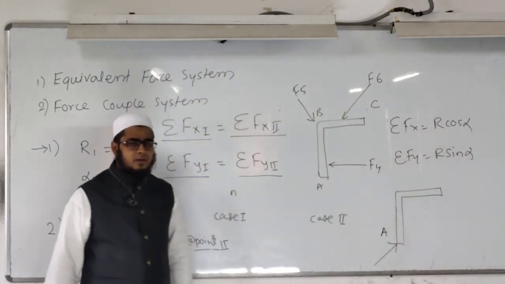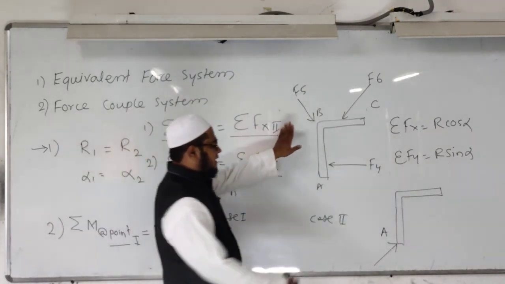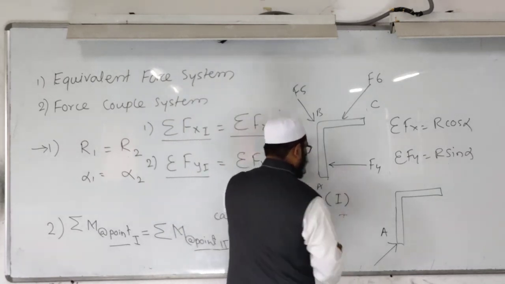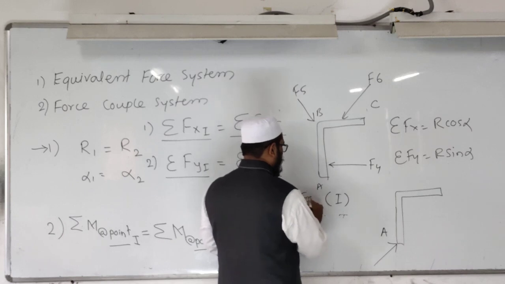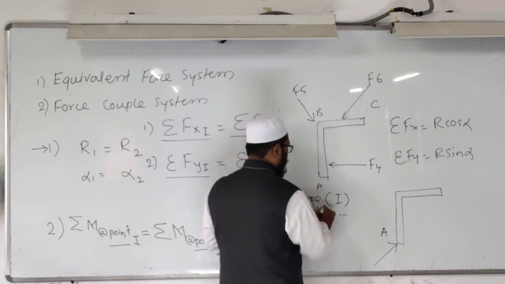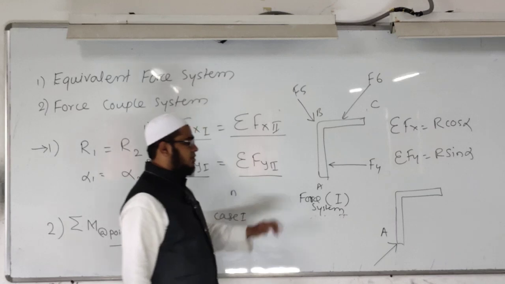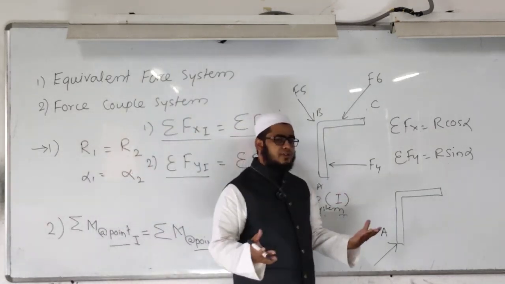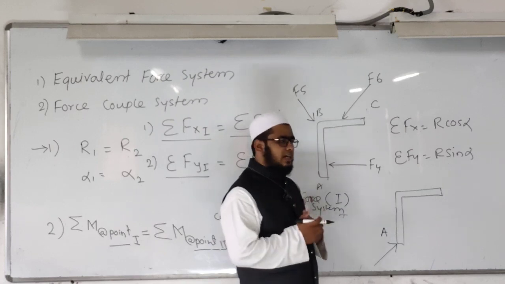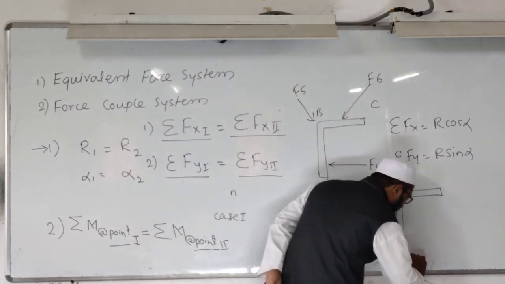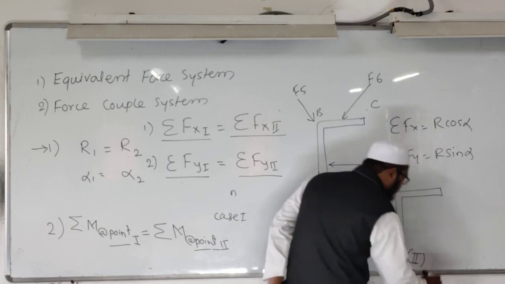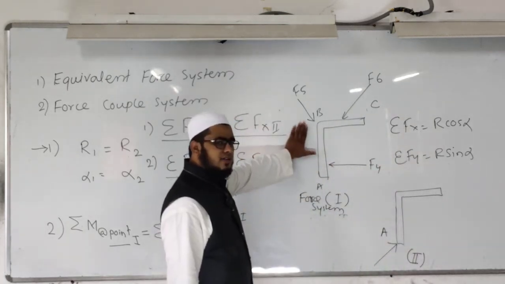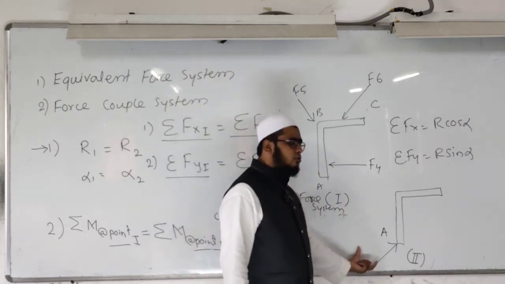Then the first step is we mark the given force system as first. It is the first force system. We draw the desired force system which is required to be found, and we mark it as the second force system. Now we have two force systems: the first force system which is given in the problem statement, and the second force system which we have to obtain.